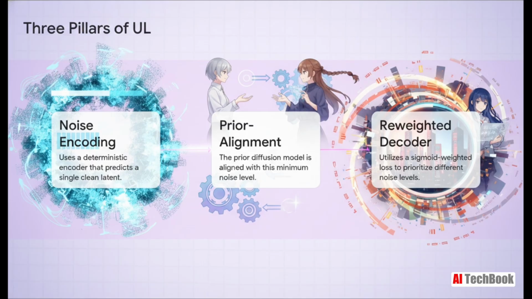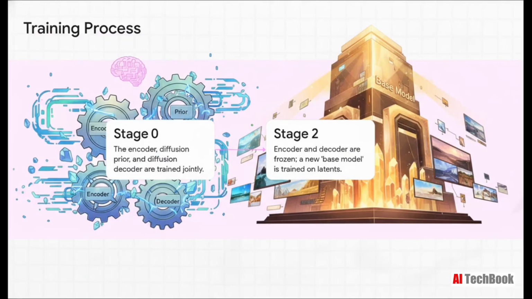Second, you have prior alignment. This just makes sure all the different parts of the model agree on that noise level, so they're all playing from the same sheet music. And third, a reweighted decoder. This part is like a smart art restorer. It knows exactly which details are most important to focus on when it's rebuilding the final image from that compressed blueprint.